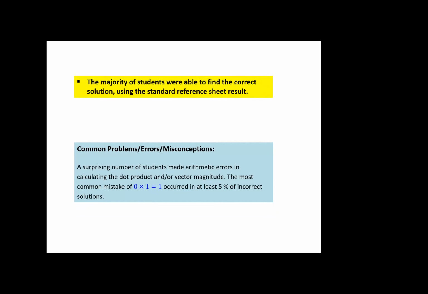The common mistake of 0 times 1 equals 1 surprisingly occurred in at least 5% of incorrect solutions. Other mistakes were made in the magnitude formulas of a similar degree of difficulty.